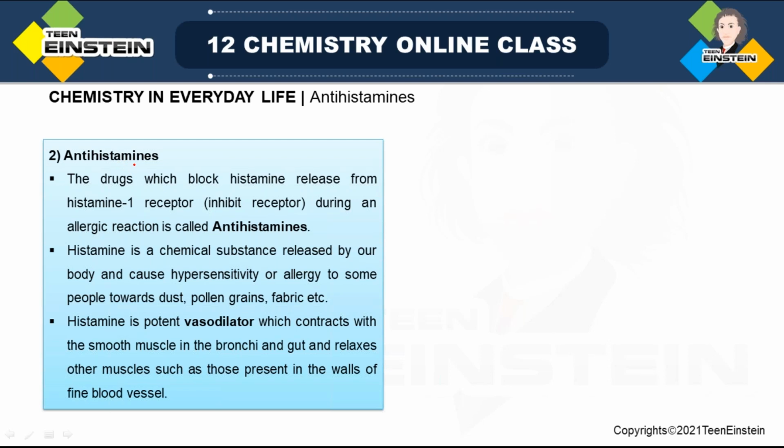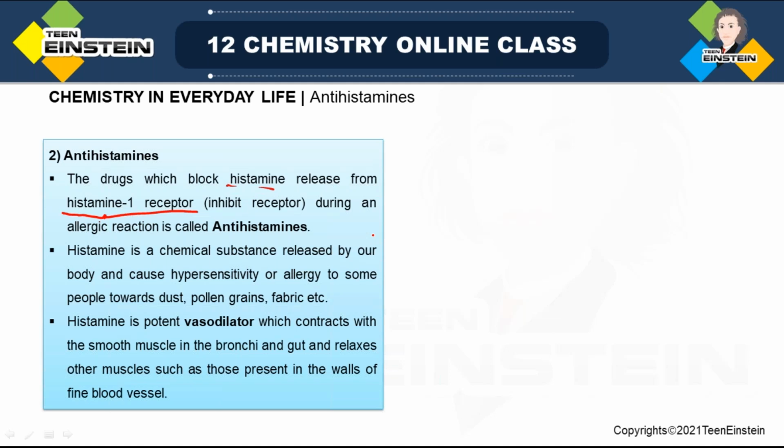So the drug which blocks histamine release from a particular receptor. Which receptor? It is the histamine 1 receptor. Histamine may have different types of receptors, but when we are talking about antihistamine, we have to focus on the histamine 1 receptor. Histamine is basically a chemical messenger which interacts with the histamine 1 receptor.